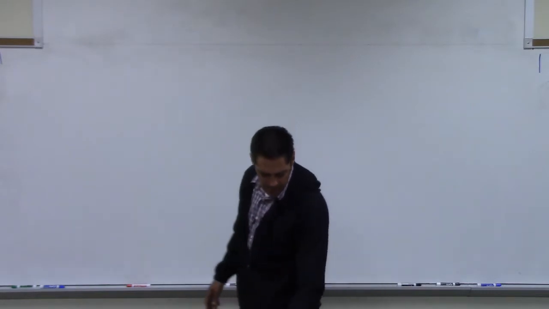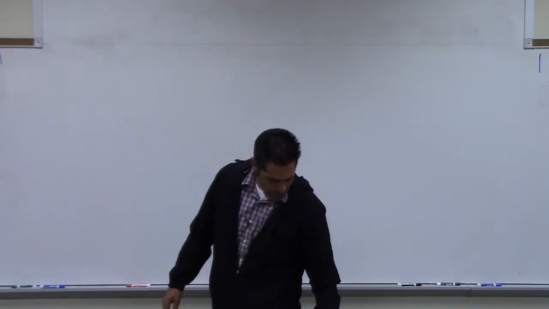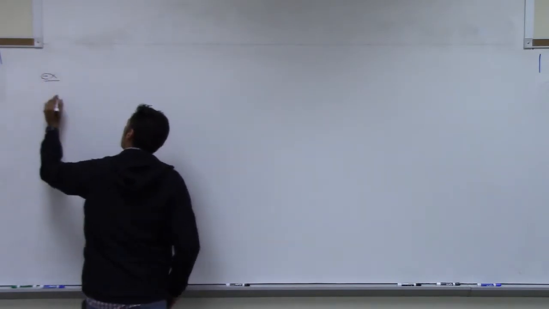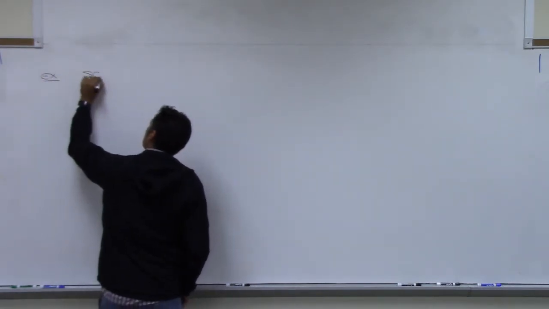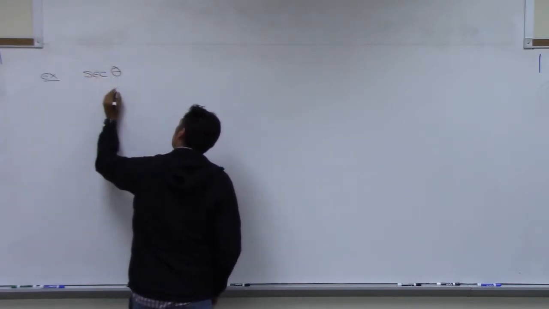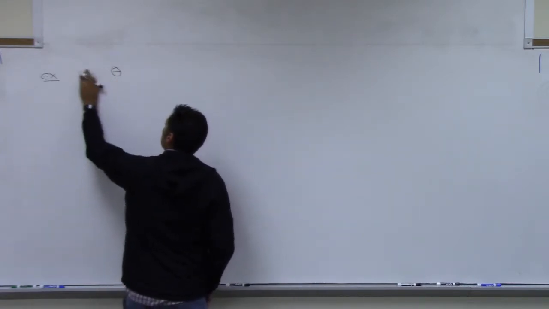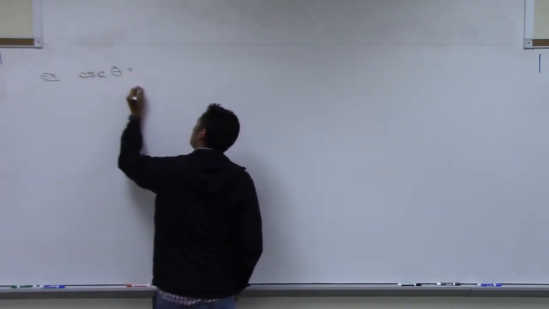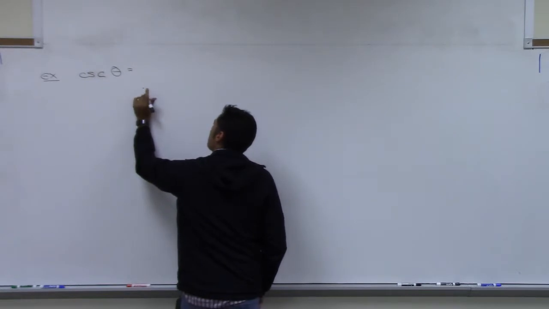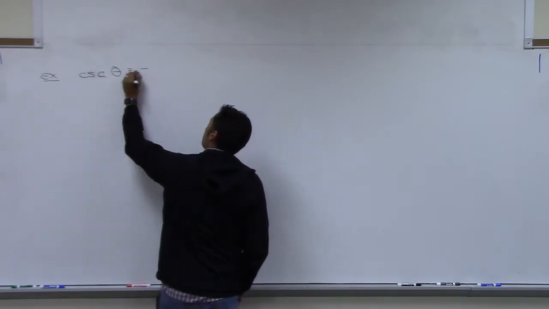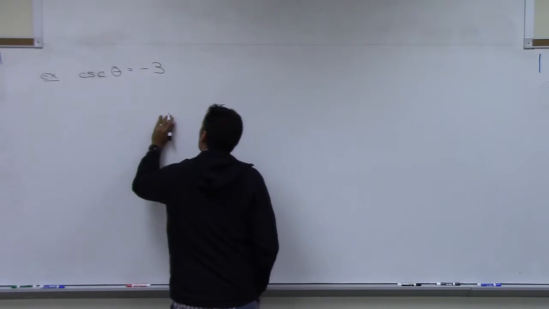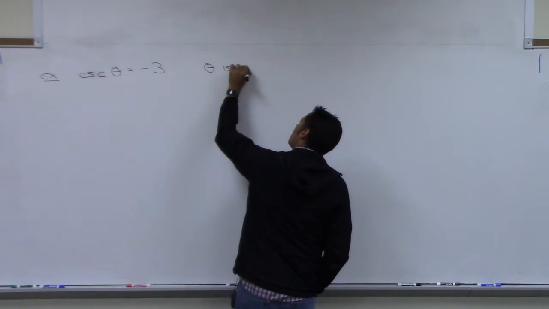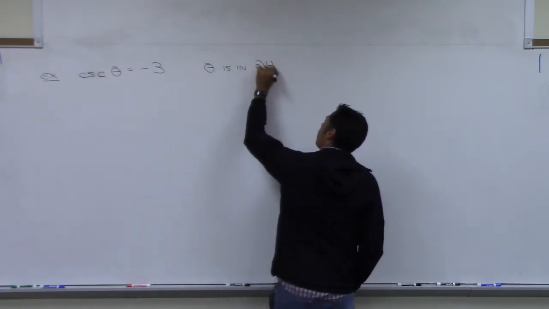Let's do, secant of theta. No, secant's going to be too easy. Let's do cosecant theta equals -3, and let's say that theta is in quadrant 4.